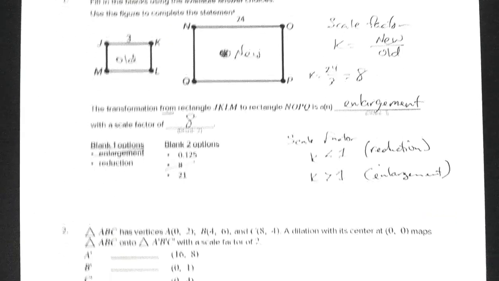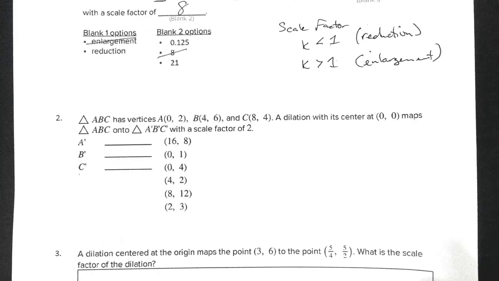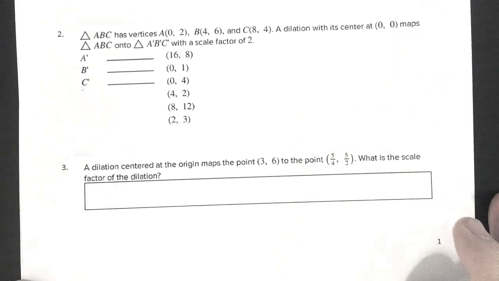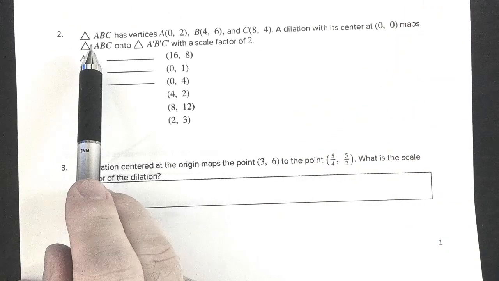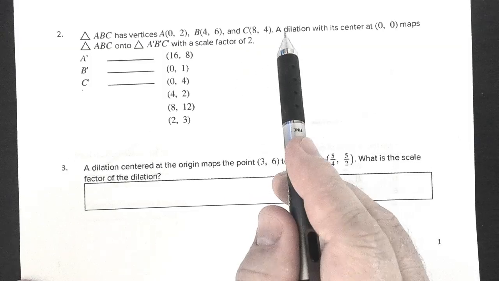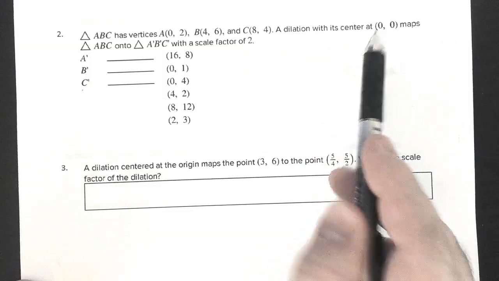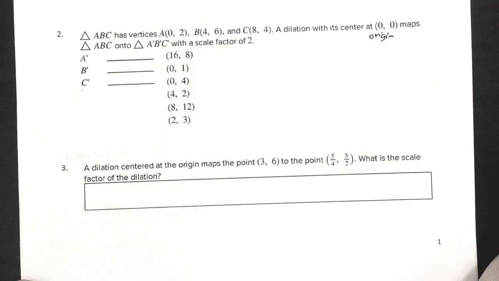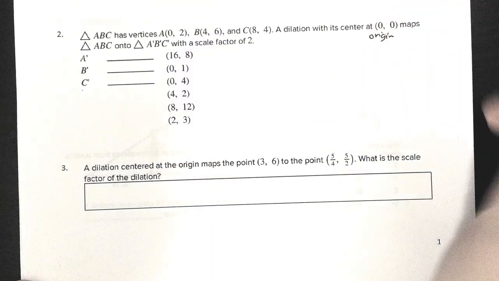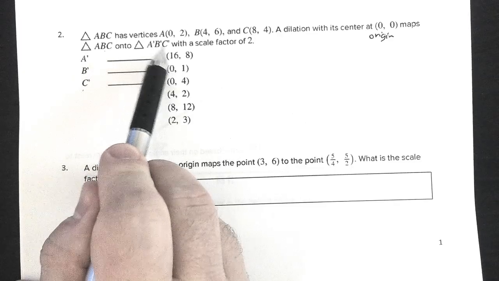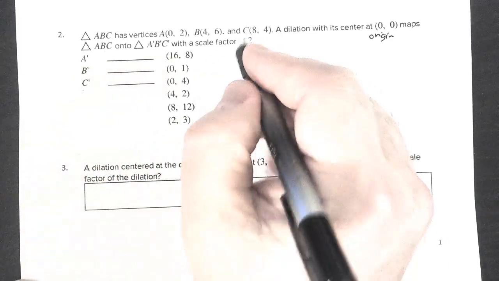Scooching up the page here. Number 2. Triangle ABC has vertices, and it gives us those coordinates. A dilation with center at 0, 0, which is the origin, so we don't have to do anything special, maps ABC onto A prime, B prime, C prime with a scale factor of 2.